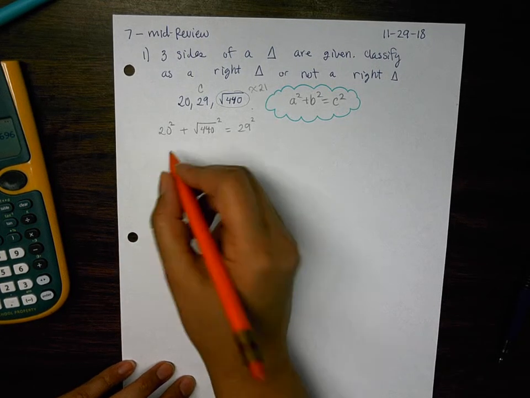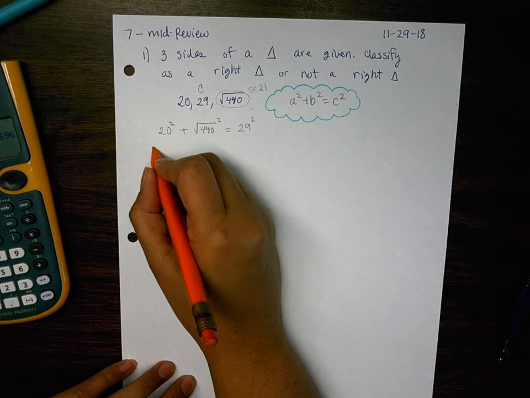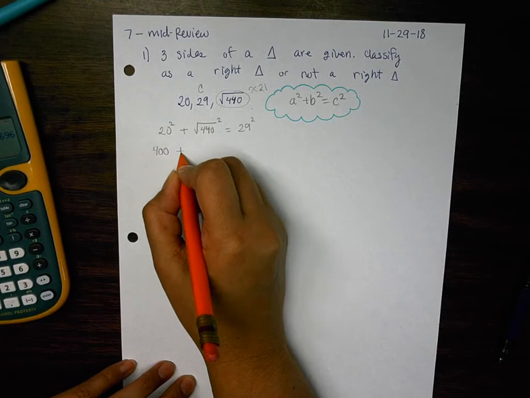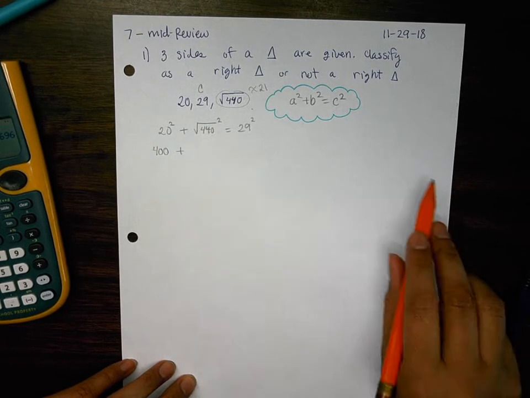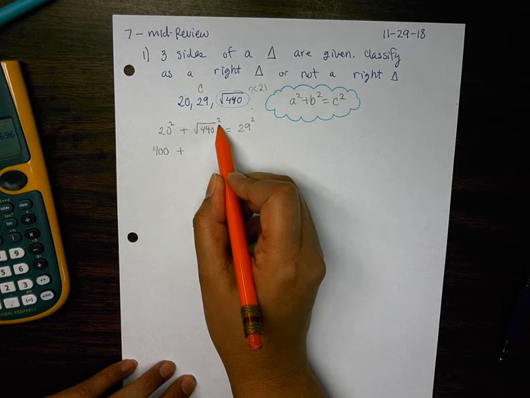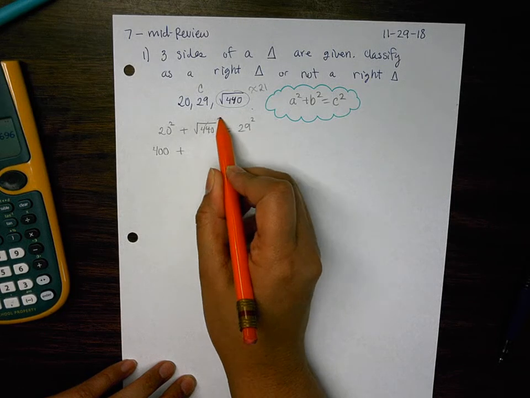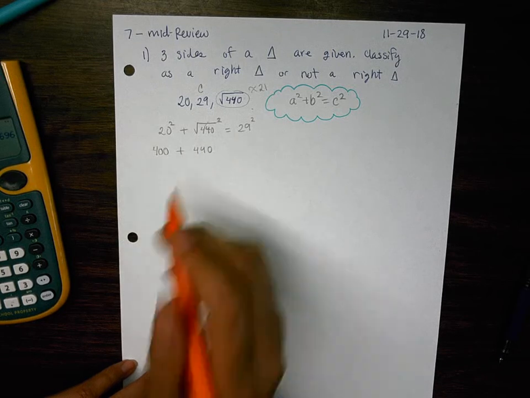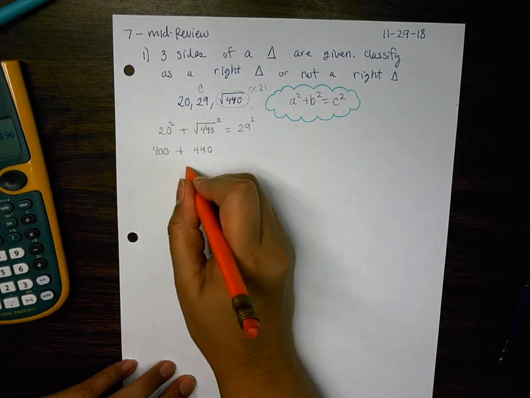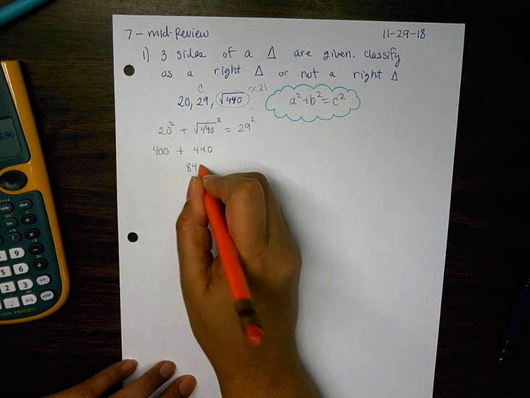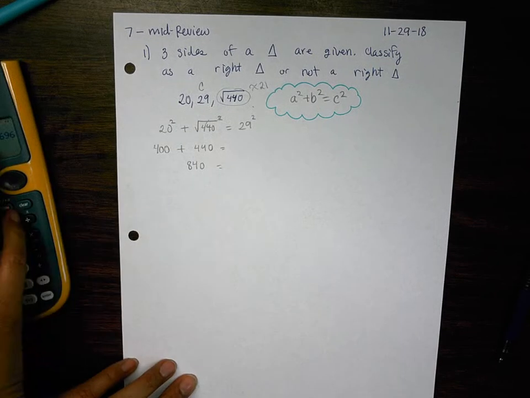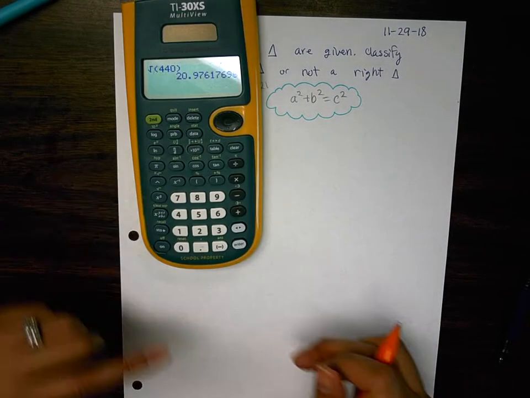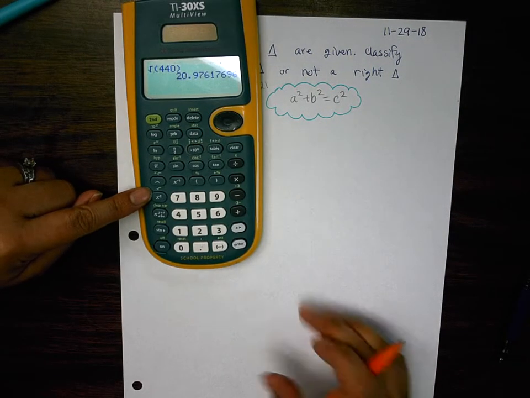Either in your head or with your calculator, what's 20 squared or 20 times 20? 400. Plus, what's nice about the square root and the squared? So what's the square root of 440 squared? 440. And what's 400 plus 440? 840. Okay. Equals 29 squared.